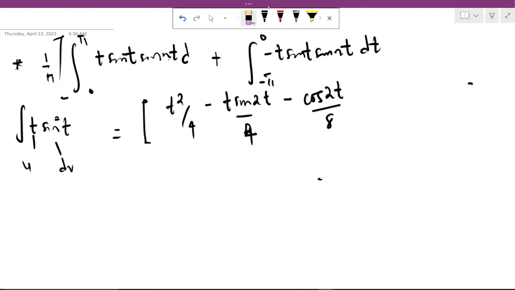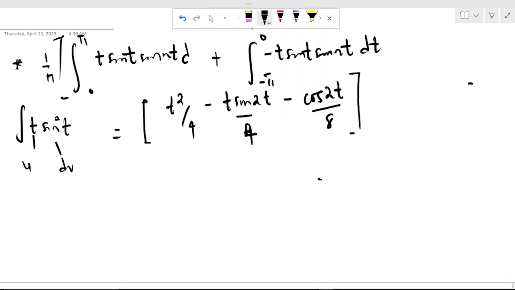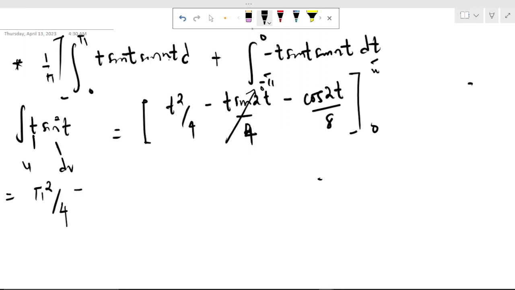So we have this. Now we have to find what this is for the range 0 to pi, and what this is for the range minus pi to 0. So let's start for 0 to pi. And of course, our sine 2t goes away. So now for pi, we have pi square over 4 minus cos 2 pi, which is 1 over 8, minus 0 square over 4, just 0.